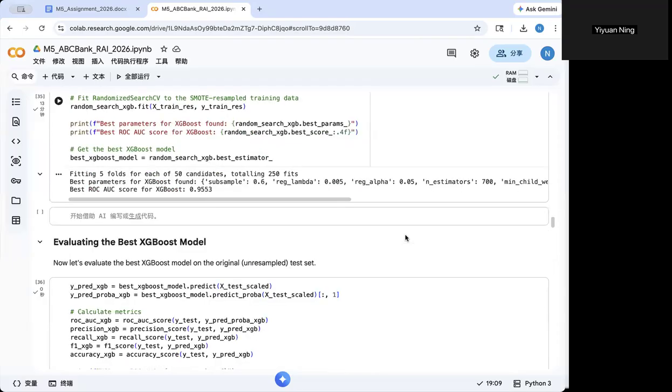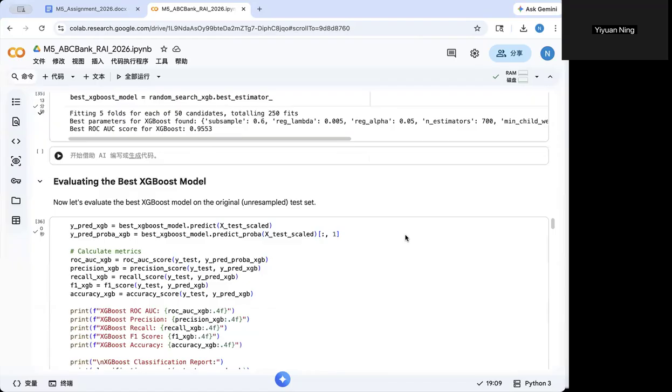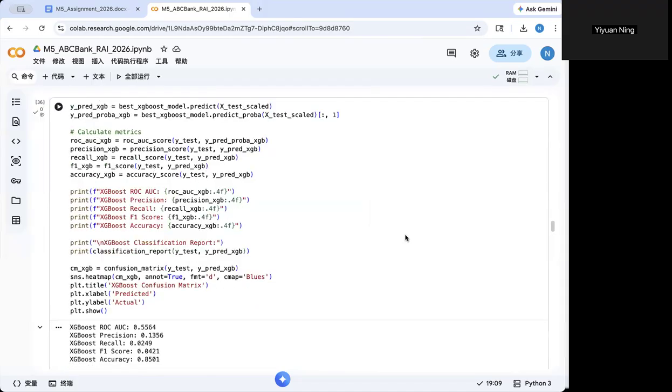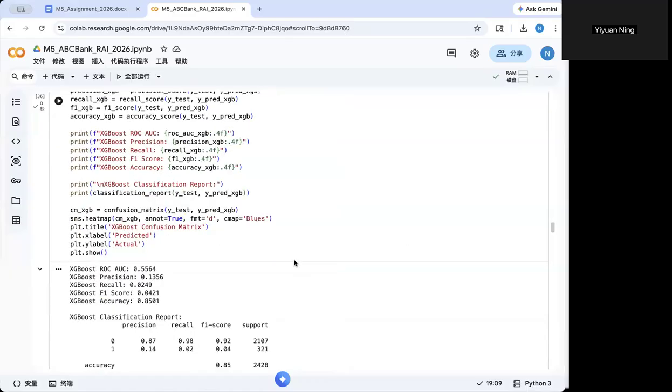However, when I evaluated the model on the original unresampled test set, the AUC dropped significantly to 0.55. The large gap between the cross-validation AUC and the test AUC indicates that the model did not generalize well to unseen data.